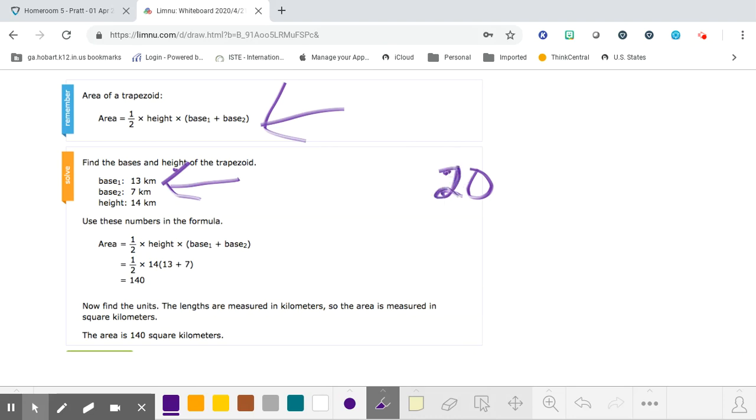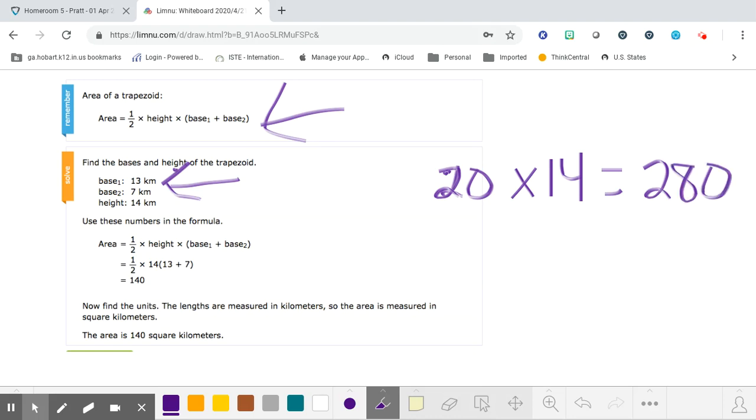Now you're going to multiply that 20 by 14, which gets you 280.